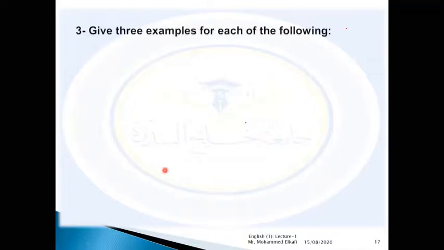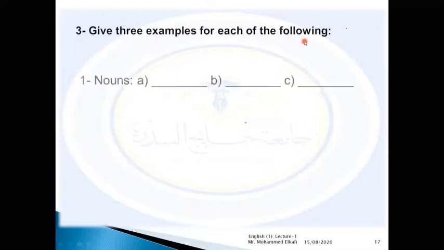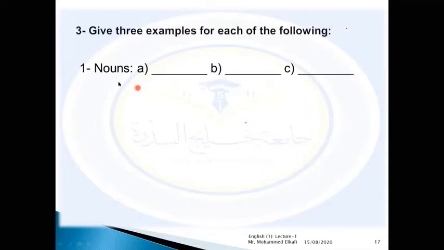The third type of question: give 3 examples for each of the following. A noun or nouns, you can think of what? Ali, boy, cat, Muna, house.